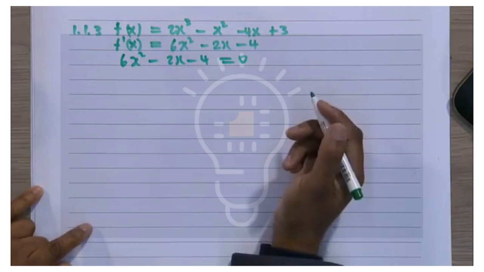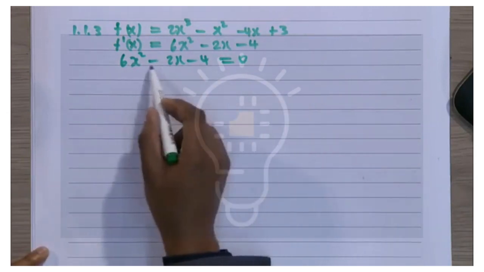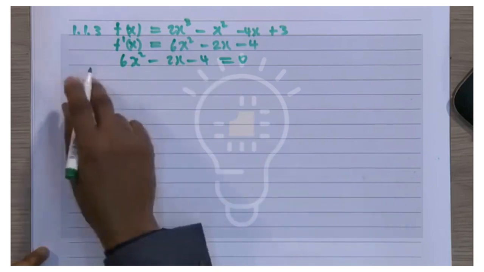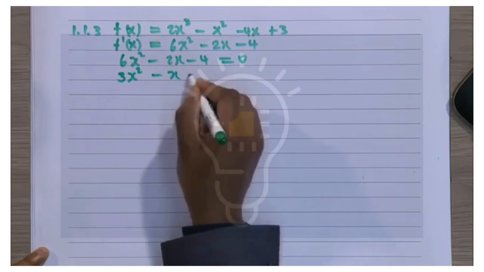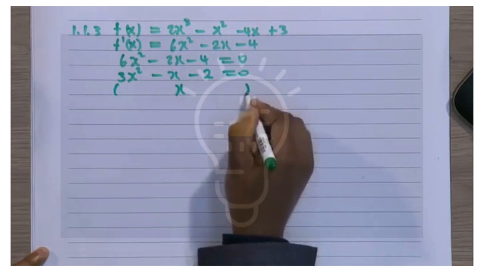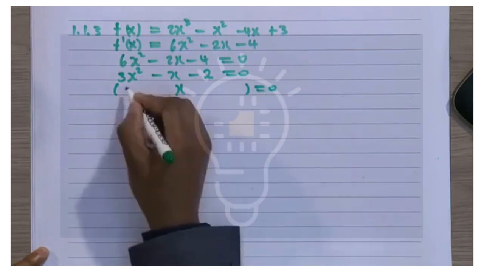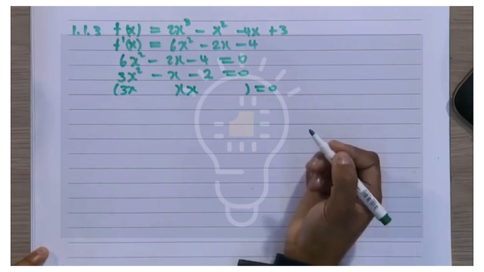Now to solve this is a quadratic equation. Before we can factorize, we can say that 2 is a common factor. We can just divide each term by 2. So we'll end up with 3x squared minus x minus 2 equals 0, which will make it easier for us to factorize. So this side will be having 3x, there we'll be having x.